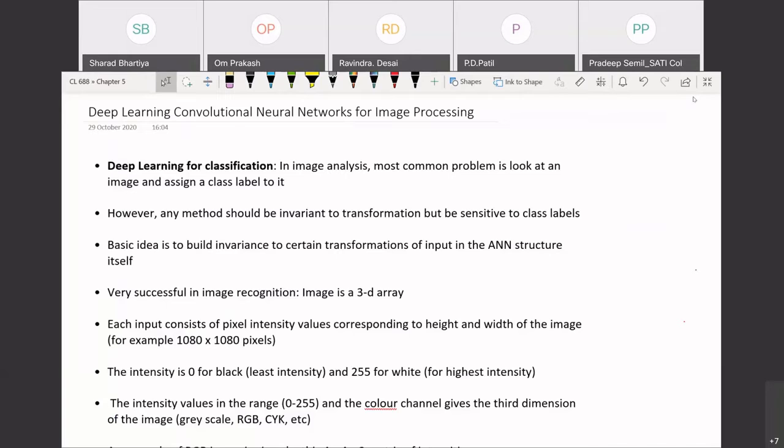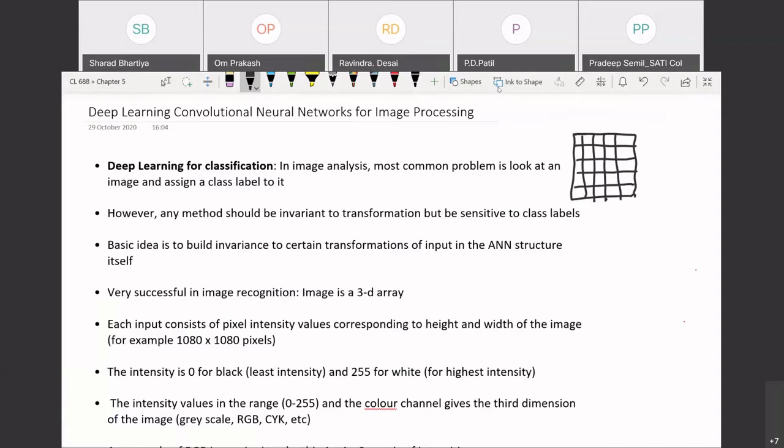Now, in the case of image analysis, the image can be thought of as an input P. If you're wondering how, it is like this: if you have an image and it is pixelated, all I need to know is the intensity of each pixel.